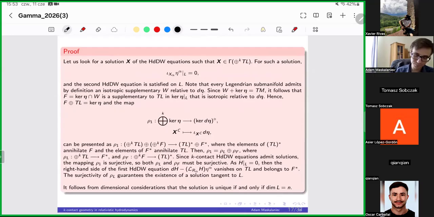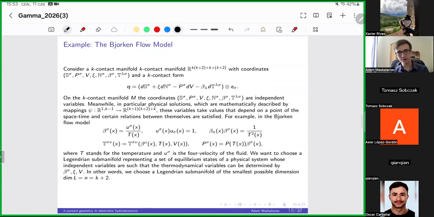So in fact, in contact thermodynamics, it is also a matter of choice that we would like our equilibrium states to be Legendrian submanifolds.